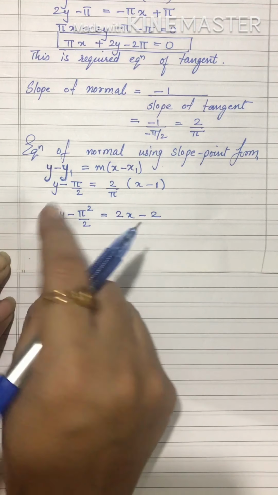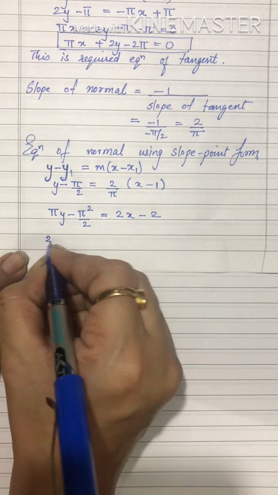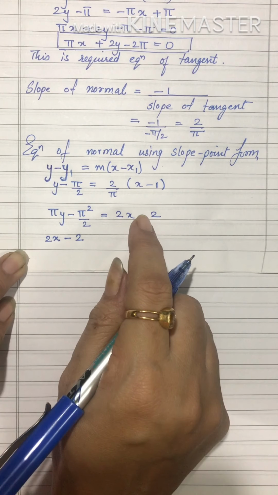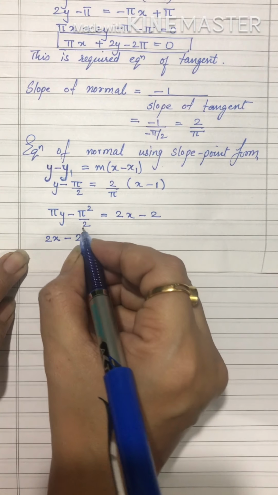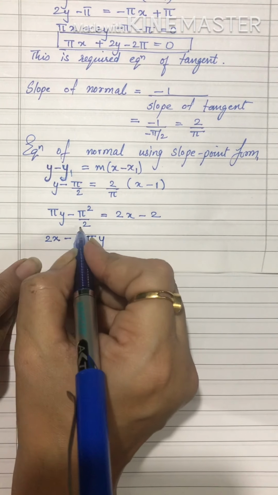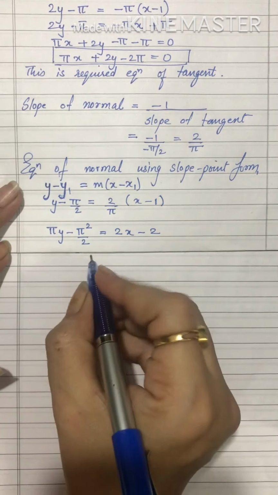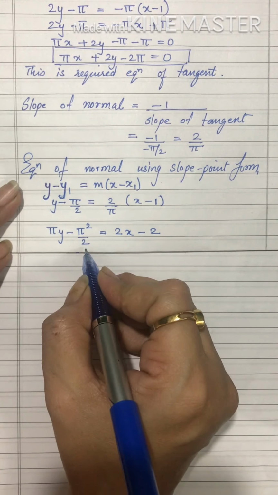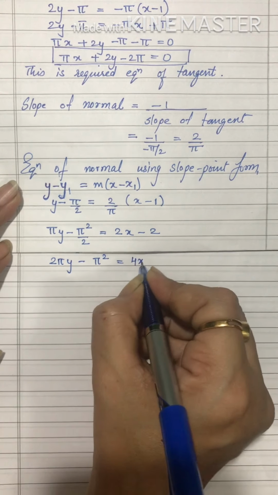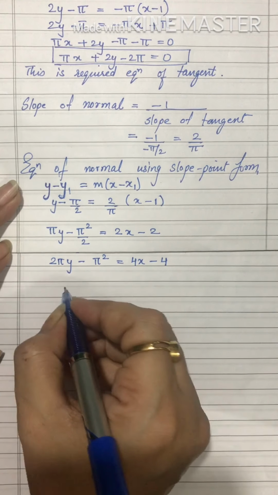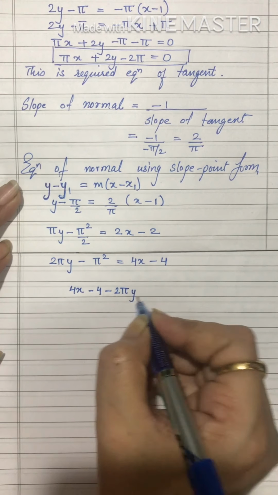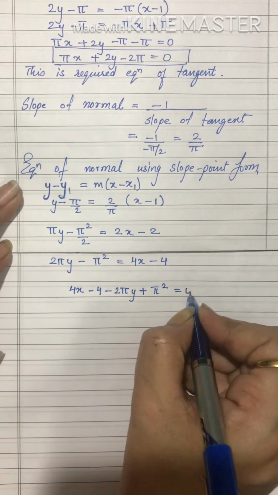Okay, now we'll take everything to LHS. What we'll do, we'll multiply throughout by 2, so we get rid of this denominator 2, so we get 2 pi y minus pi square is equal to 4x minus 4, and I write it in standard form, so I get 4x minus 4, and this we take that side, minus 2 pi y plus pi square is equal to 0.